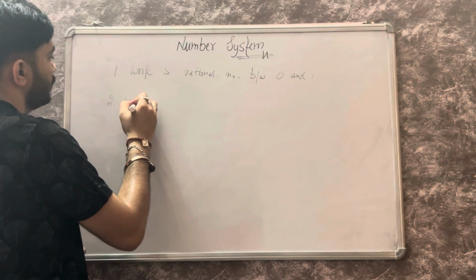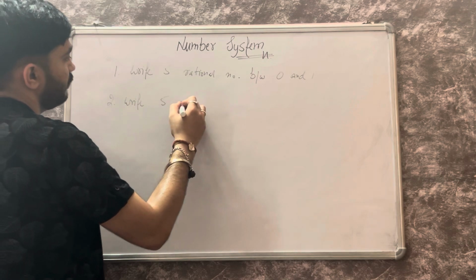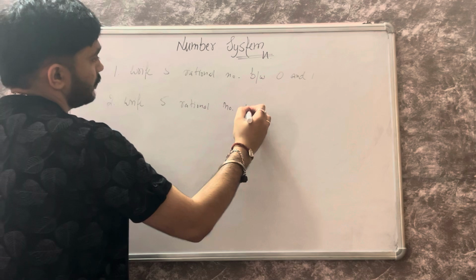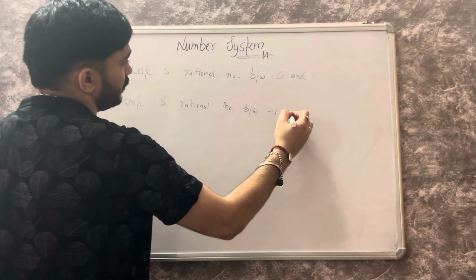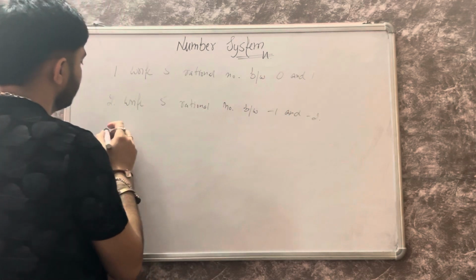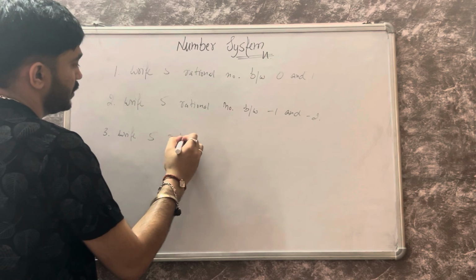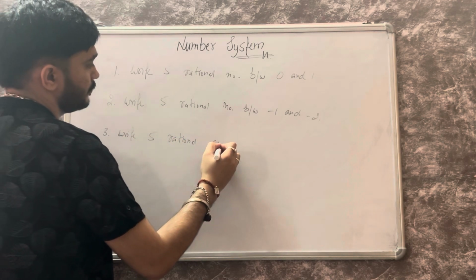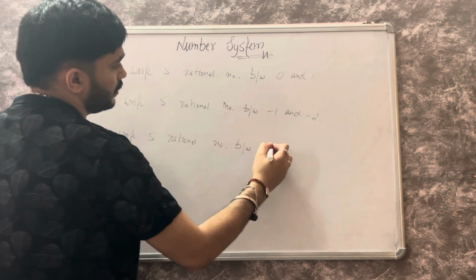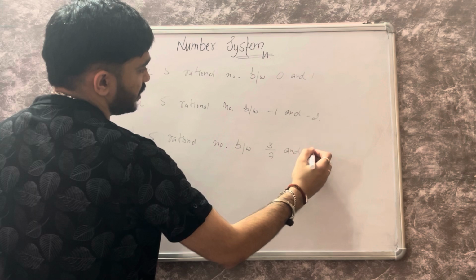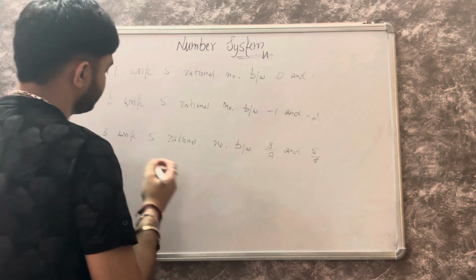Second is, write 5 rational numbers between -1 and -2. Third is, write 5 rational numbers between 3 by 7 and say 5 by 8.